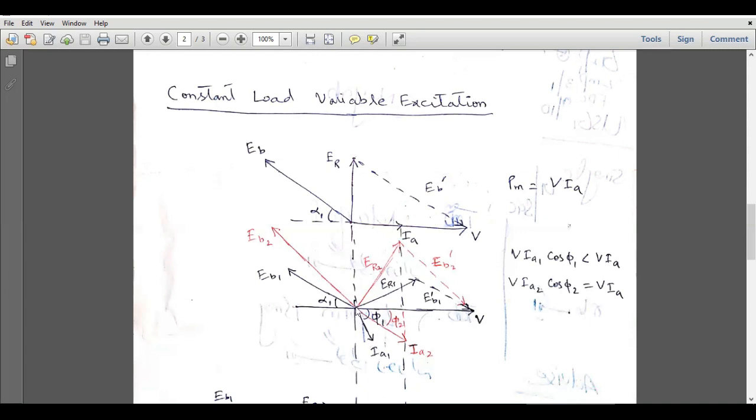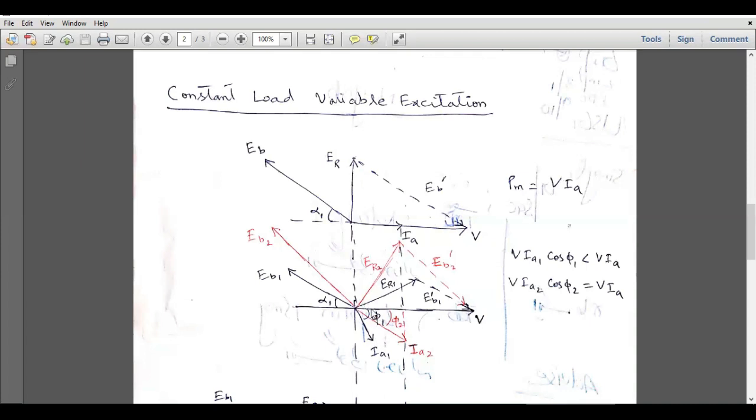So first we have to evaluate the horizontal component of this IA1 vector, and that component is equal to IA1 cos phi 1. The horizontal component of this armature current is the component lying from here up to this point, and this IA1 cos phi 1 is much smaller than this IA1. So under this condition, the power generated by the synchronous motor is equal to V times Ia1 cos phi 1.